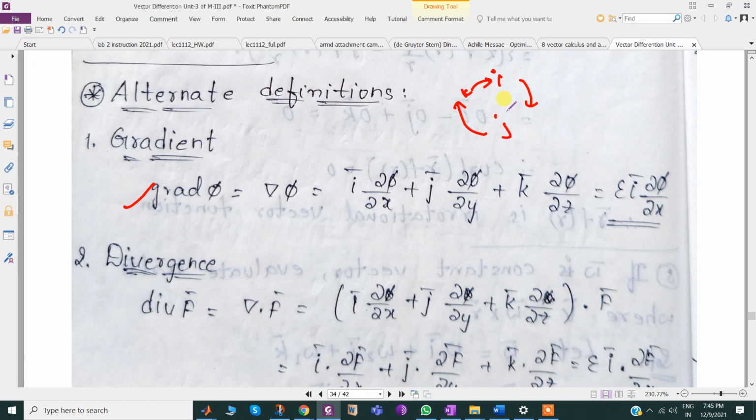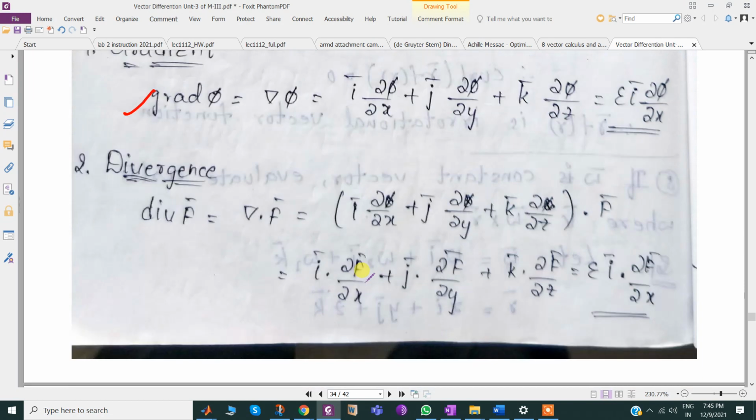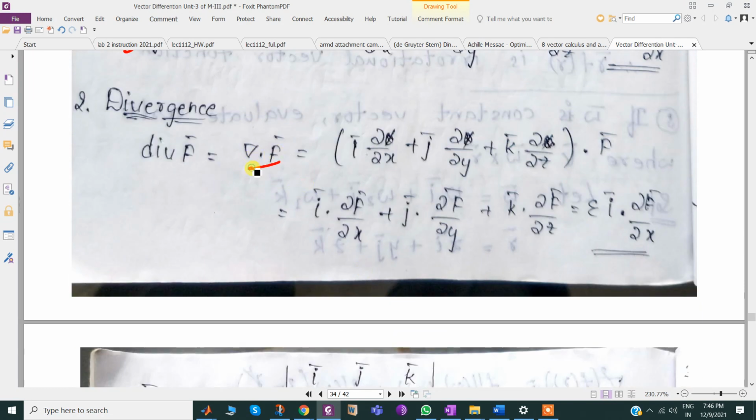So whenever the cyclic is there in the picture, I may write sigma of first term, so that the rest of the terms, if we expand, we may get the same. So del phi can also be written as sigma i bar dou phi by dou x. Then del dot f bar or div f bar.